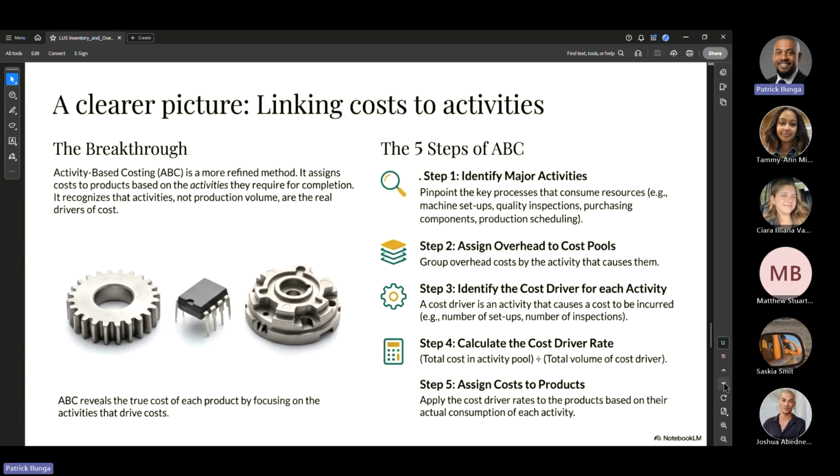And it actually reveals the true cost of each product by focusing on the activity that drives cost. So one is based on volume, the traditional way, but the other one is based on activity-based costing.